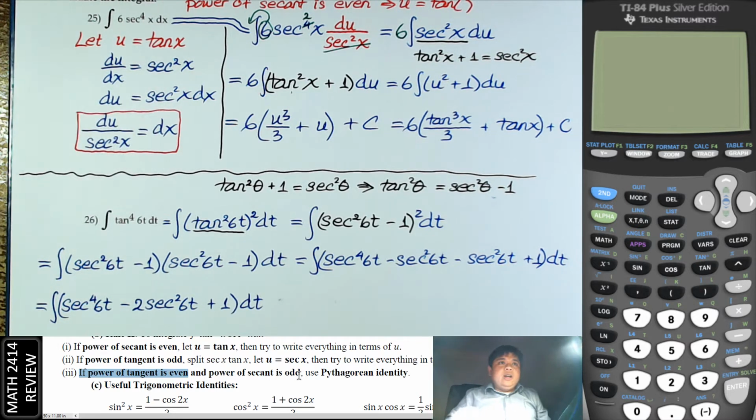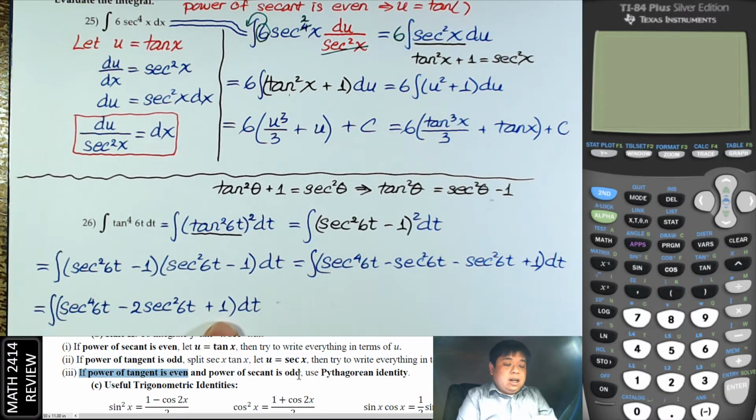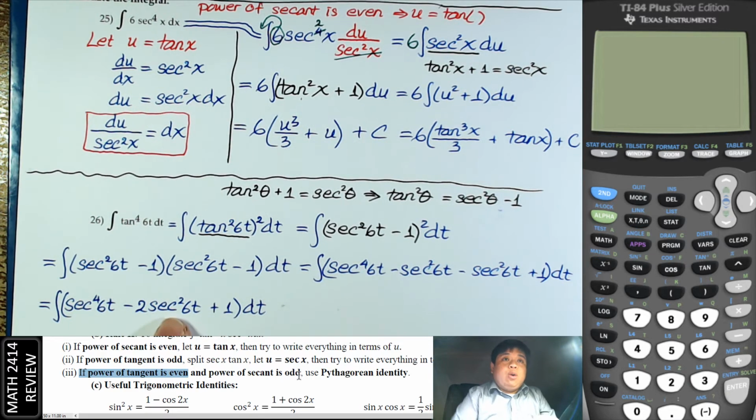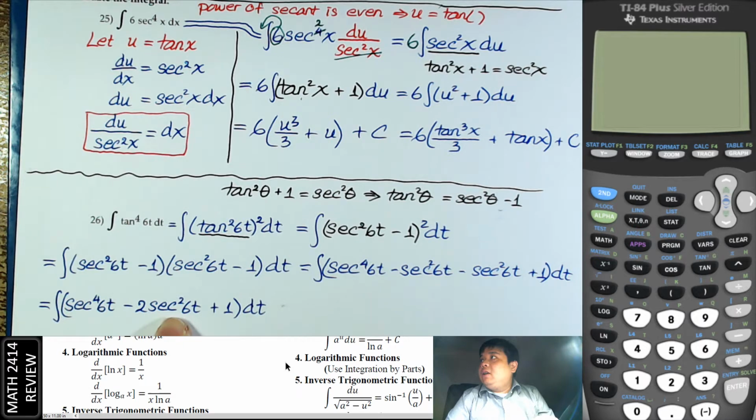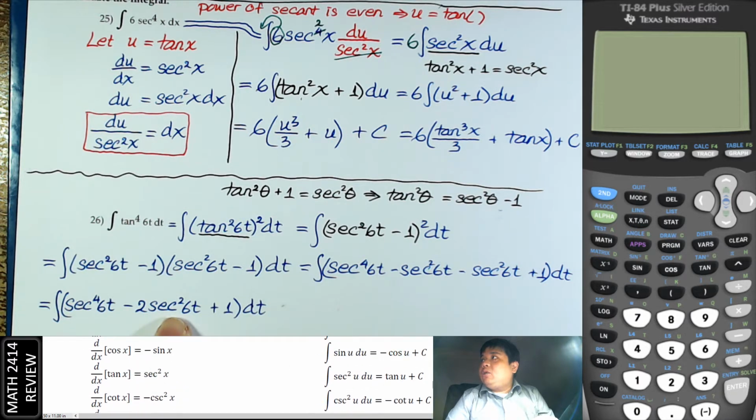Right. So how does that help? First of all, we don't do any substitution here yet or at all. So integral of 1 is just going to be t. Integral of secant square is just going to be tangent.